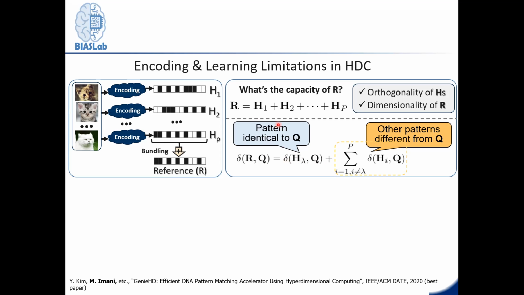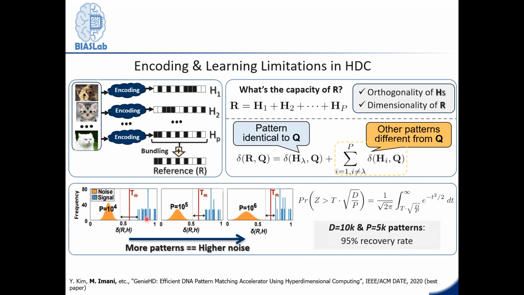Think about Q being H1. I would have a term which is H1 and H1. The cosine similarity will be 1, and I would have a lot of noise because these H's are nearly orthogonal. As you can see in the bottom figure, the orange distribution, which is Gaussian, shows the noise, and you can see it becomes wider when we store more patterns into a hypervector.